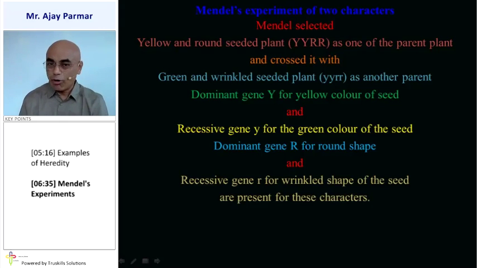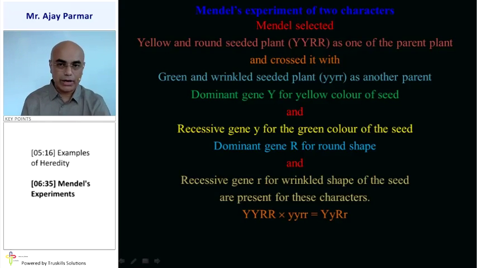Now all these characters are present in the parent generation. That means these are the characteristics found in the parents: yellow and round seed in one parent, green and wrinkled seed in the other. So YYRR, when crossbred with yyrr in small letters, is going to give rise to a combination of capital Y with small y and capital R with small r.